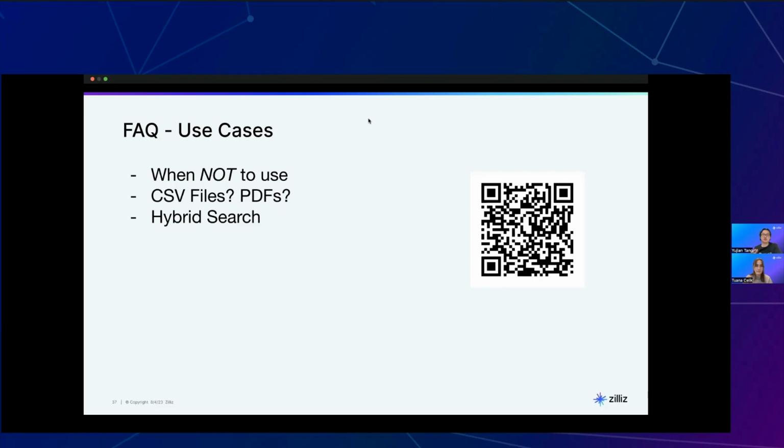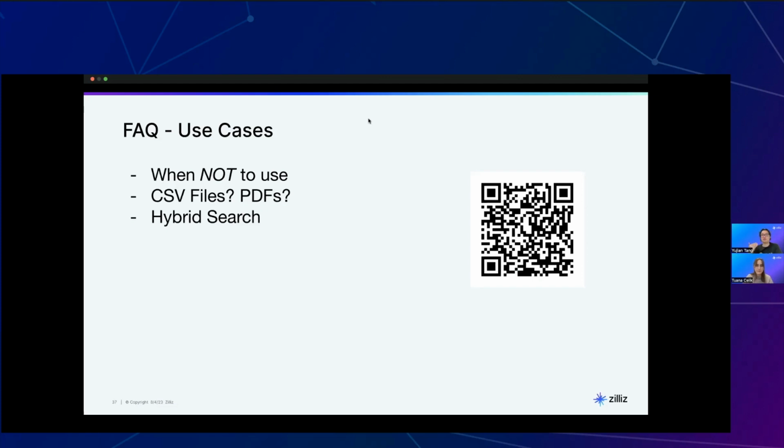Another question I get a lot is about vector embeddings around CSV files and PDFs. One of the most important things for retrieval augmented generation is that you actually want to retrieve relevant data. And the most important part of whether or not you're going to get data that is the right relevance to you is your embeddings models. So when you are doing work with CSV and PDFs, you need to really ensure that you're using the right embeddings models for them.